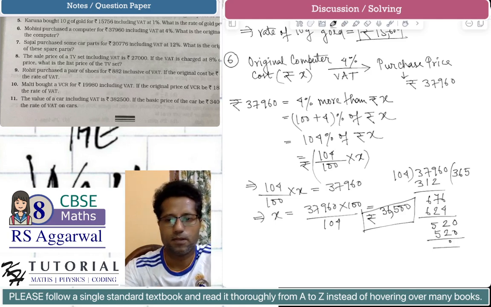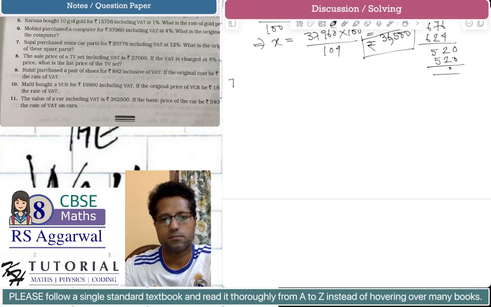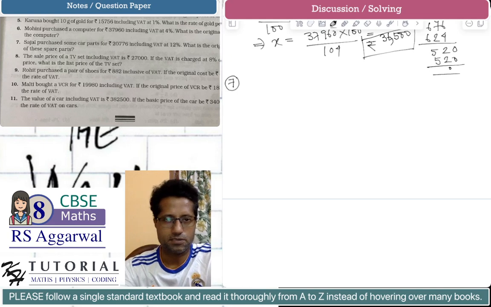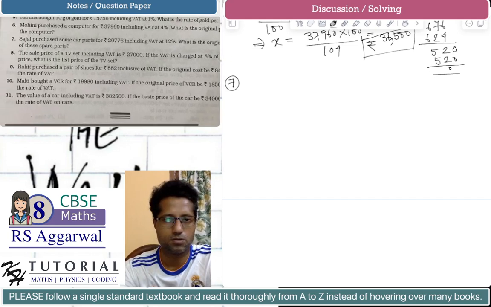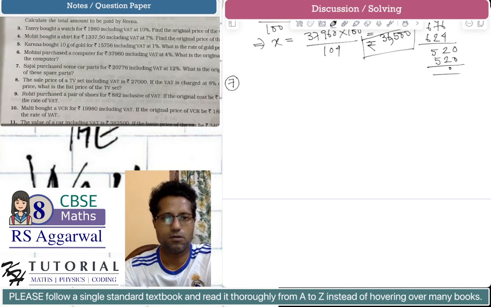Okay, let's do problem number 7. Sojol purchased some car parts for rupees 20,776 including VAT at 12%. What is the original cost of these spare parts? So this is exactly the same problem as all the previous problems.